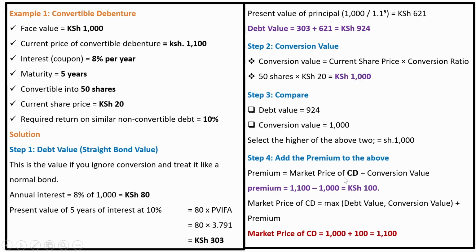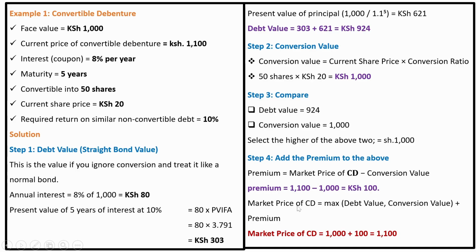It should be given in the question. So in the question you are given current price of convertible debenture is equal to 1100. So premium is that market price 1100 minus conversion value 1000. That will give you 100.